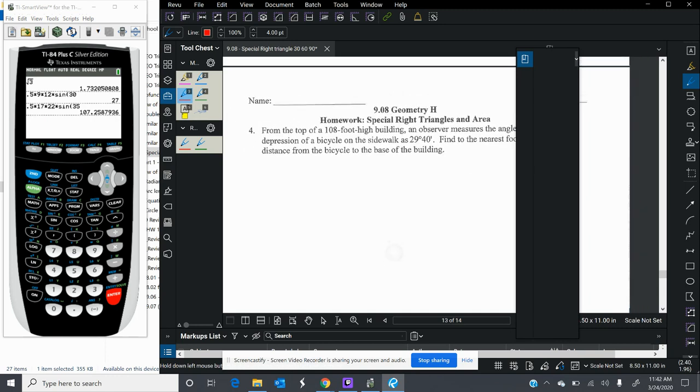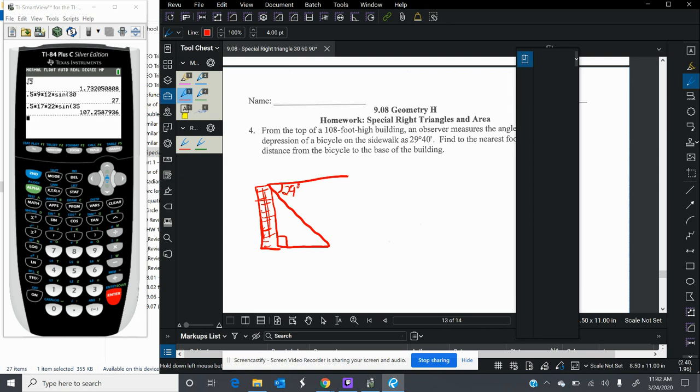And helping you with the diagram for number 4, top of a 108-foot high building, an observer measures an angle of depression to the bicycle on the sidewalk. So remember, your angle of depression, if he's at the top of the building here, is out here.